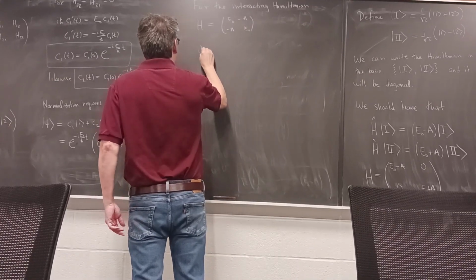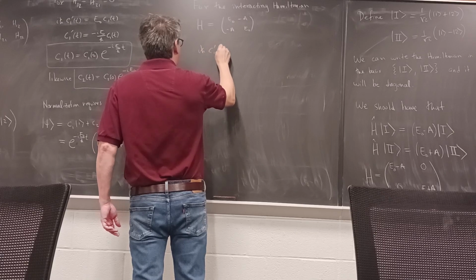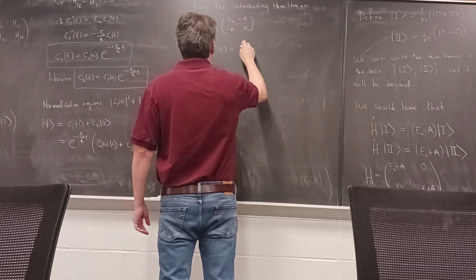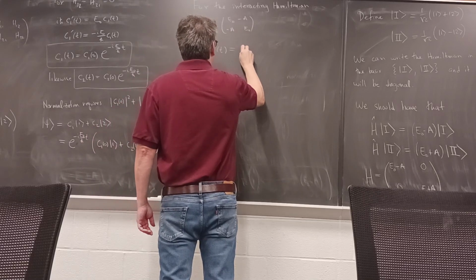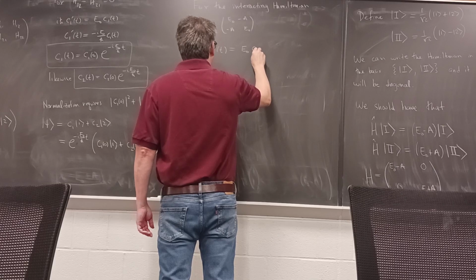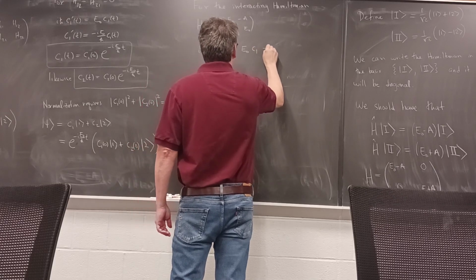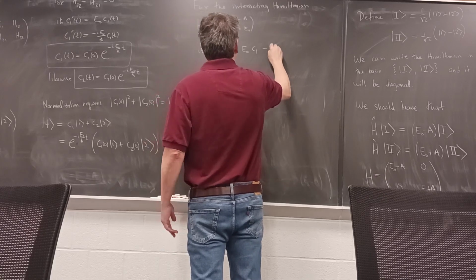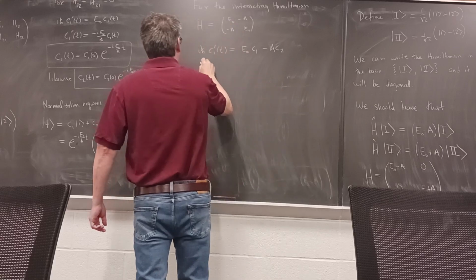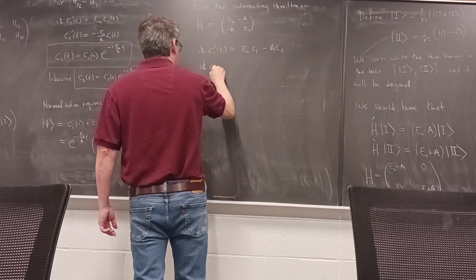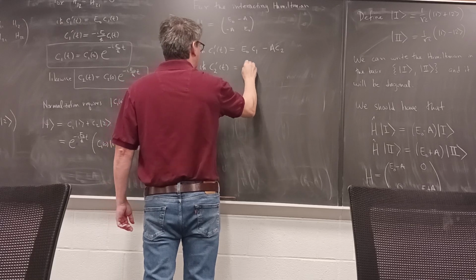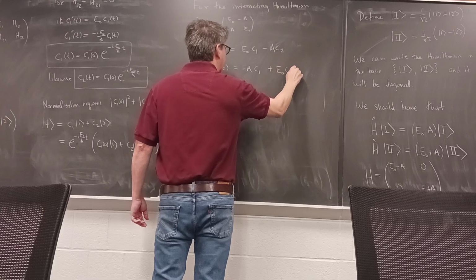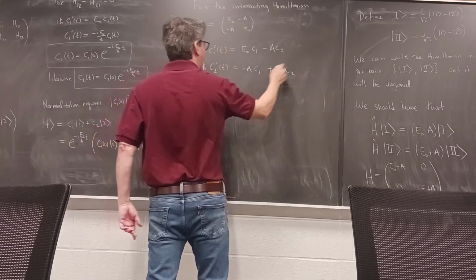And so we'll have iħ C1 prime of t is equal to, just go back to this equation, E0 C1, and then minus A C2. And the other differential equation will be iħ C2 prime of t is equal to minus A C1 plus E0 C2. So we'll have these two equations we have to solve.